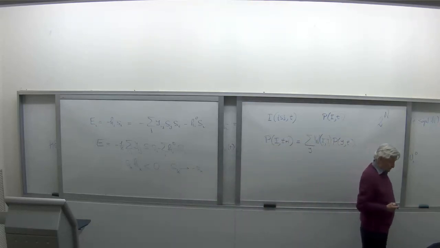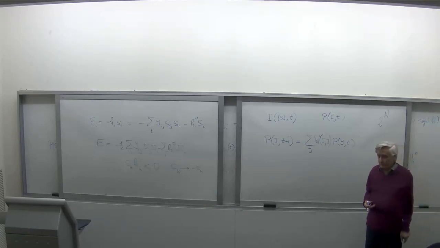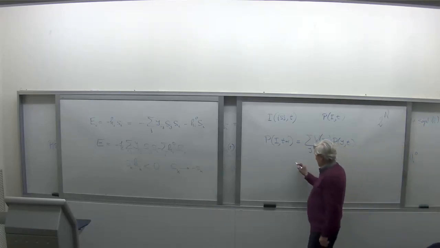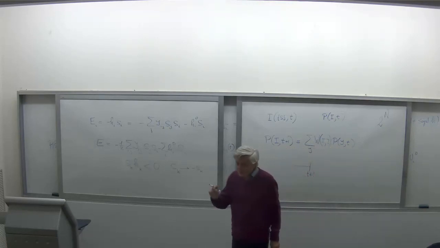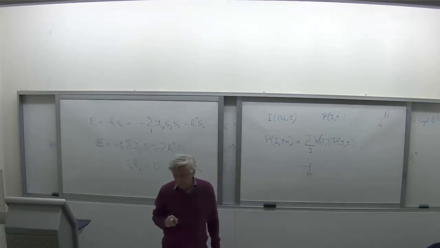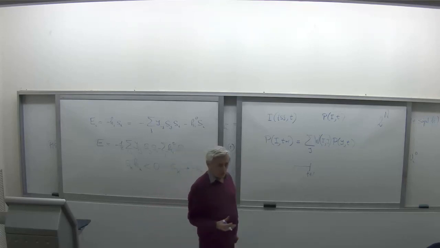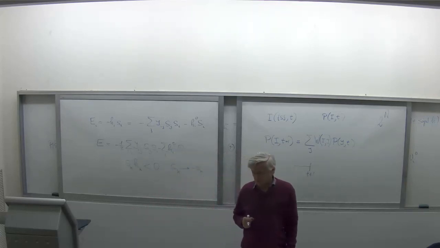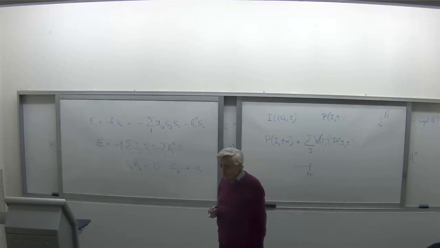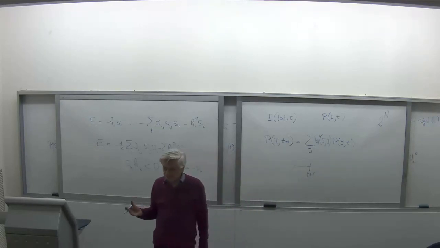You can assume that at time t plus 1, every neuron in the system looks at its field and decides whether to flip or not. And this we would call parallel dynamics or synchronous dynamics. Usually this is not the case.